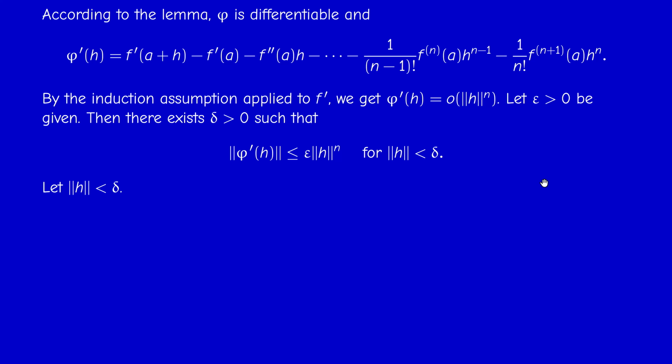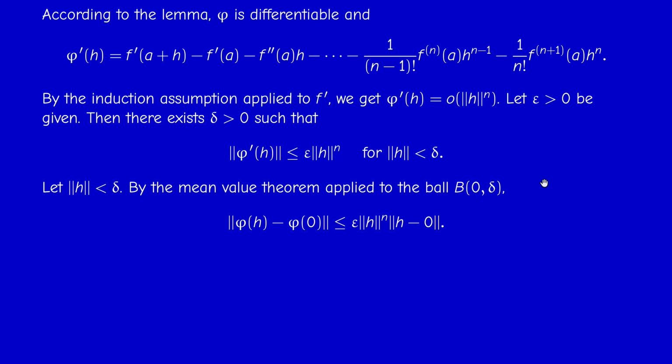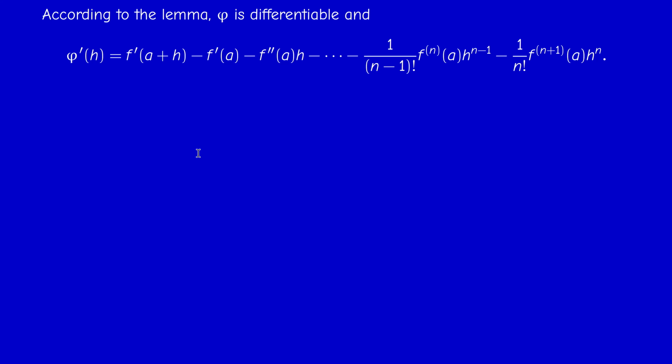And if now I pick h less than delta and I apply the mean value theorem to the convex ball, center 0 and radius delta, I get the norm of phi of h minus phi of 0 is less than the maximum, which is epsilon times norm of h to the n, times the distance between h and 0. But what is phi of 0 if you go back?